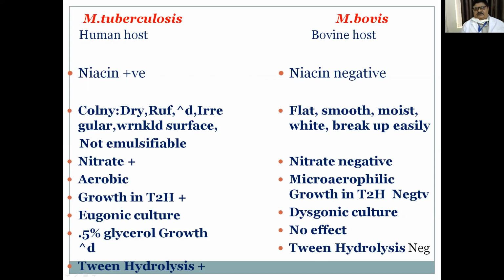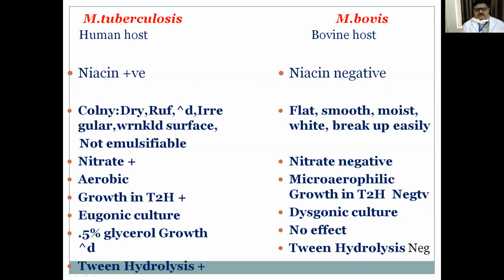Mycobacterium tuberculosis is aerobic; it grows in the lungs in human beings, which is why it requires a good supply of oxygen. Whereas bovis is microaerophilic, so it can tolerate even a somewhat low oxygen tension.